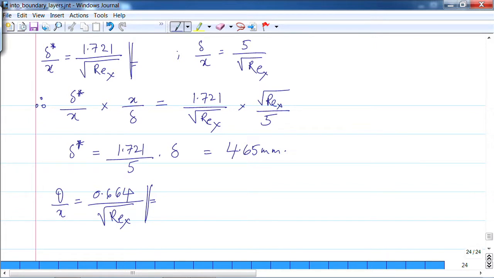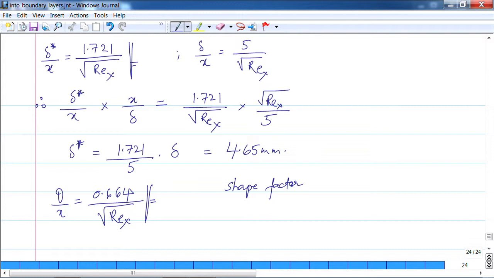And you could also use something called a shape factor. This is also typically used. These are several parameters which one uses in understanding the behavior of a boundary layer. Slowly you'll get a hang of it.